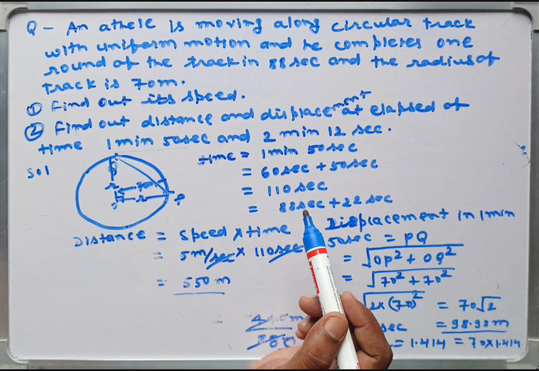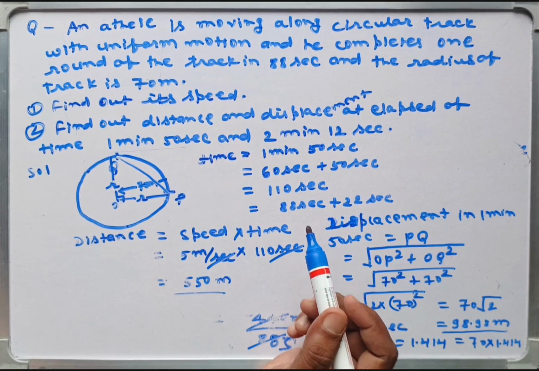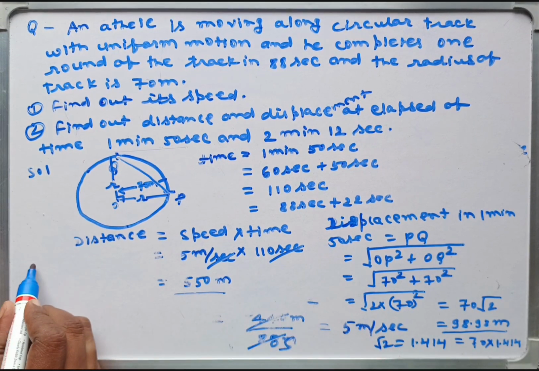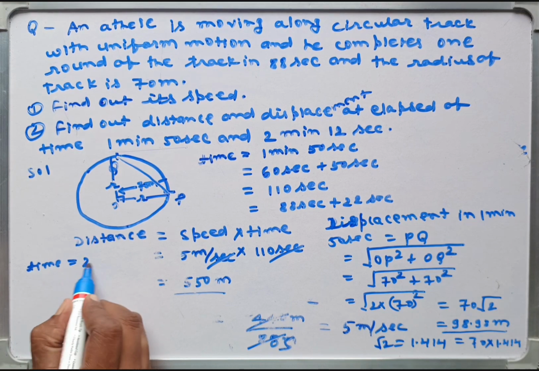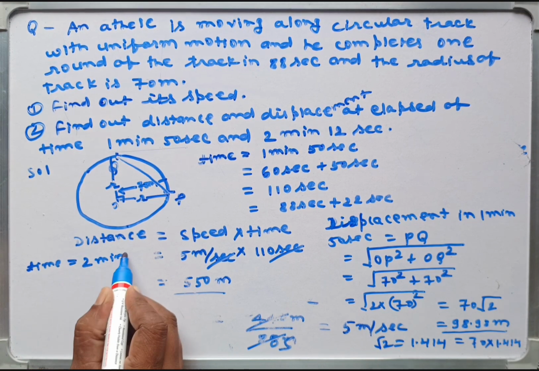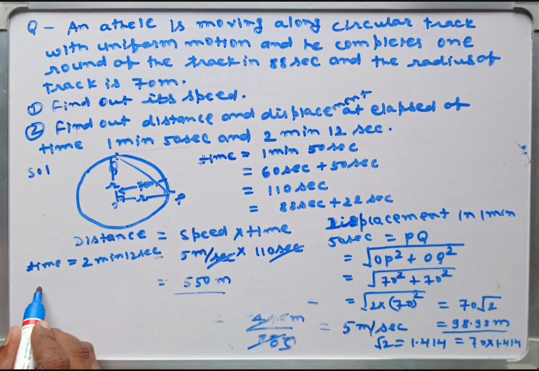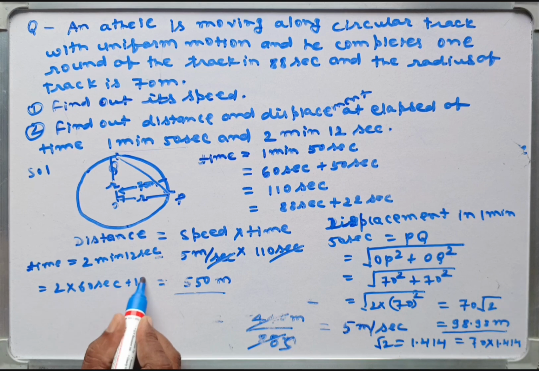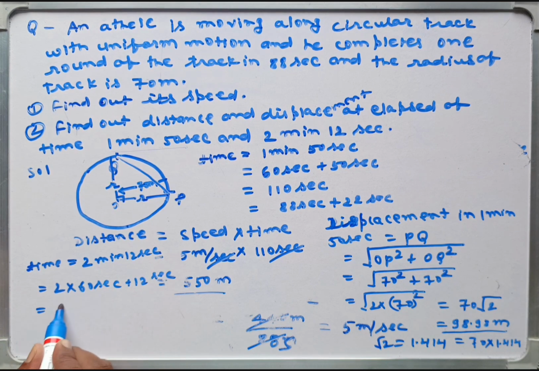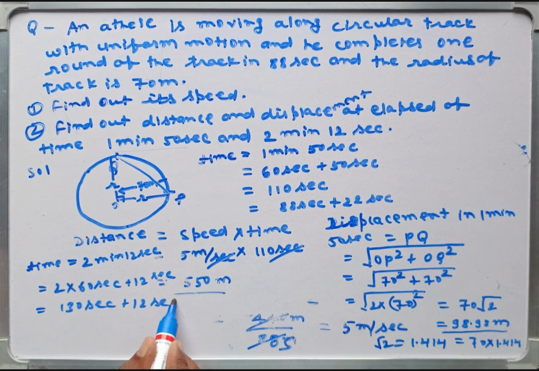So in this case what will be the time in second? So time will be, guys, 2 minute here and 12 second. So we can write 2 into 60 second plus 12 second, or you can say, sir, this will come 120 second plus 12 second, so 132 second.